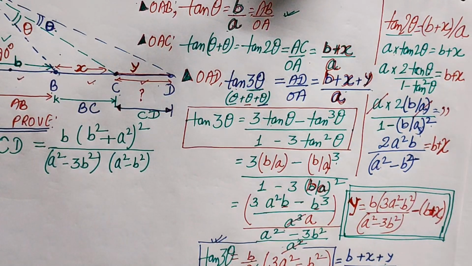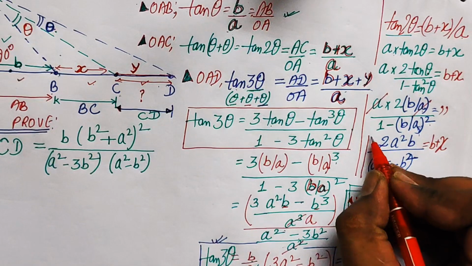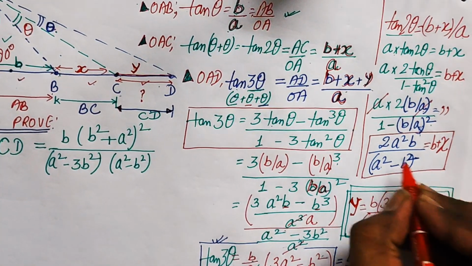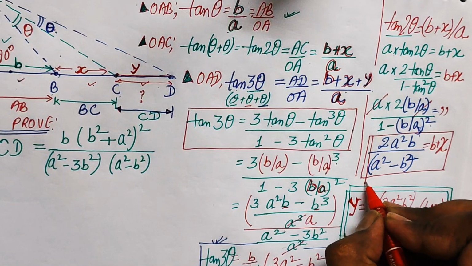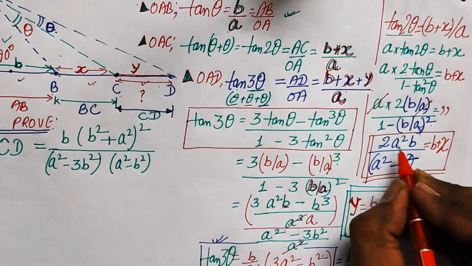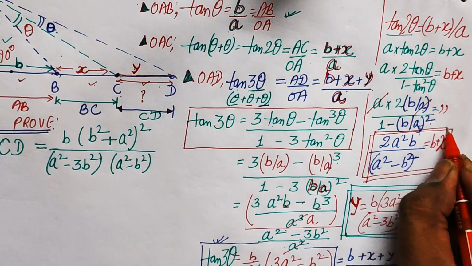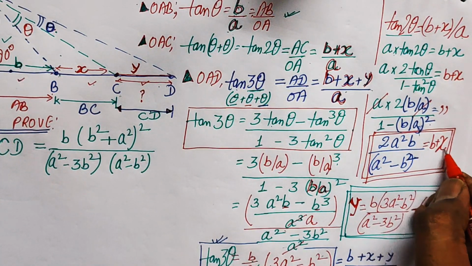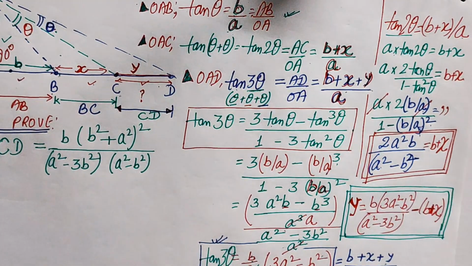The value of b plus x is calculated, and that is equal to 2 times a square b by (a square minus b square). That is the value of b plus x, right?